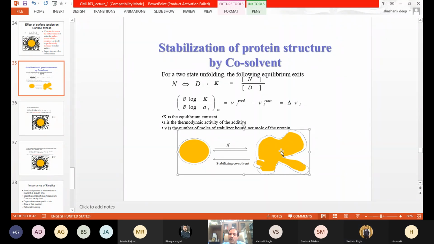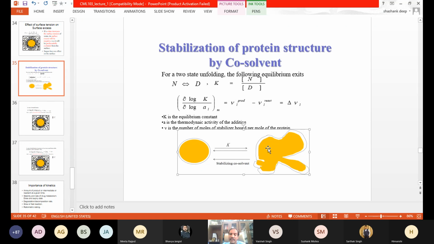Which one has the larger surface area? The unfolded form. So it will bind to the unfolded form more. It means it will stabilize this state more, and the equilibrium will shift towards the right-hand side. So the protein becomes unstable. So a surfactant basically destabilizes the protein.